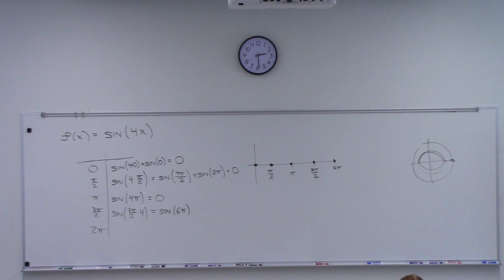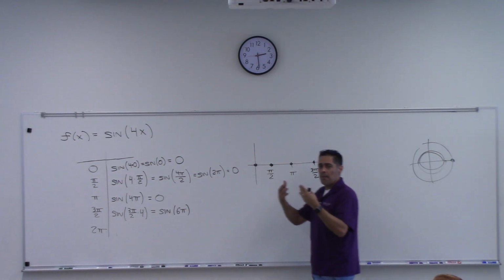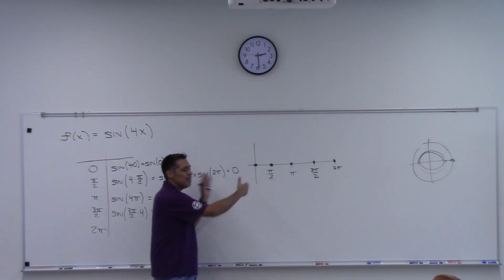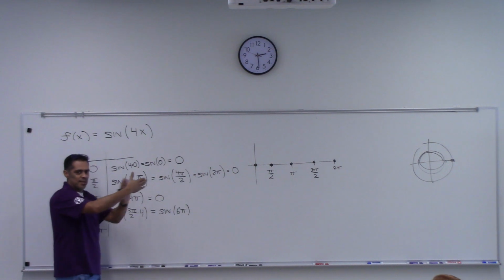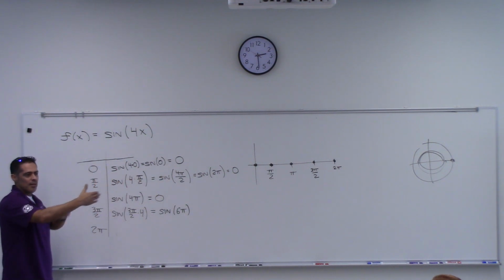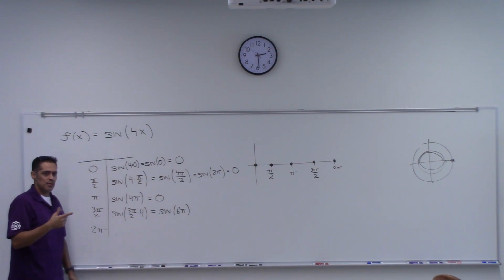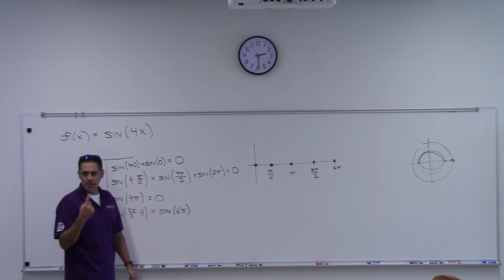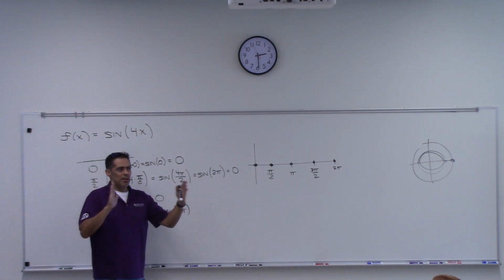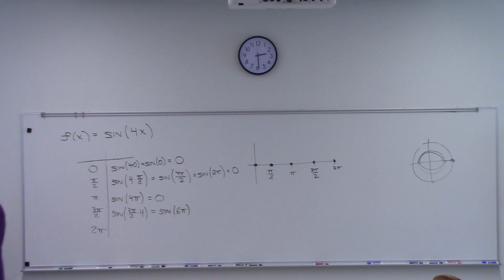So it's completed 4 complete cycles, or what we call 4 complete periods, in the same amount of distance or angle that the original sine function took to complete 1 cycle. So it's almost like we've shrunk it down, or compressed it.